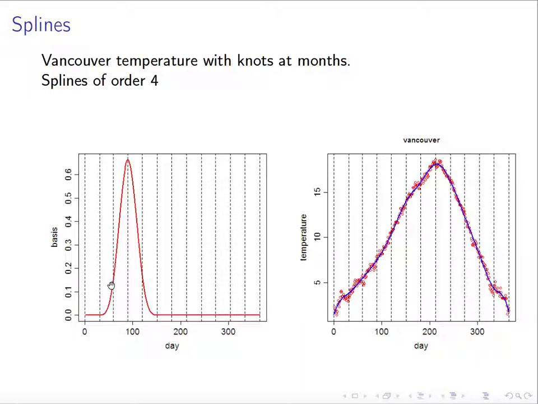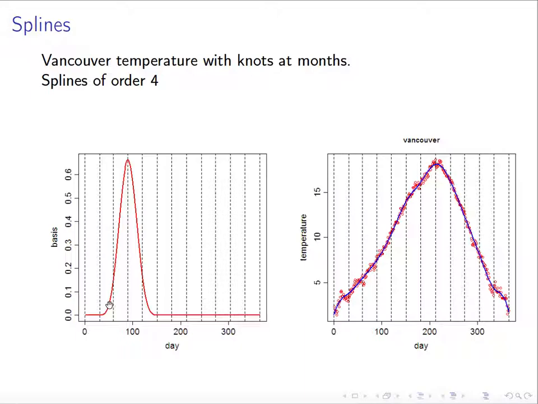These cubic polynomials are chosen very carefully, such that the piecewise cubic polynomials join continuously at the knots, and the first and second derivatives are also continuous at the knots. Therefore, it looks like one polynomial function.